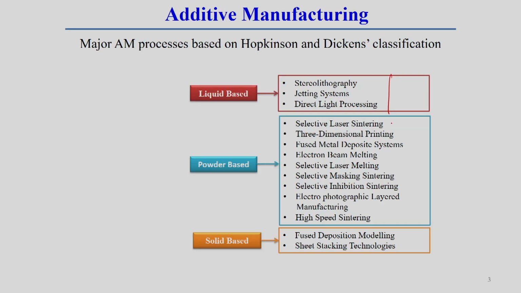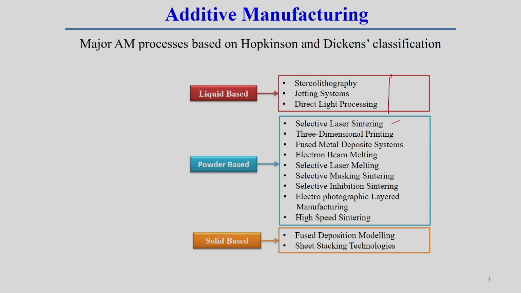If we follow a similar repetitive way, layer by layer, the same process, then we can get the whole product using powder based additive manufacturing technology. Many processes have been developed based on powder based material: selective laser sintering, 3-dimensional printing, fused metal deposition, electron beam melting, selective laser melting, selective masking sintering, inhibition sintering, electrophotographic layer manufacturing, and high speed sintering.